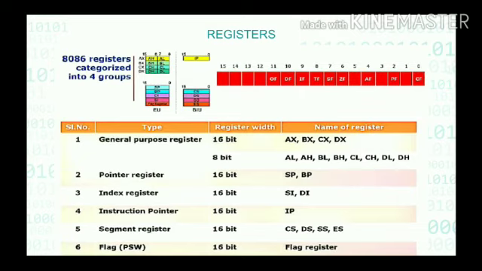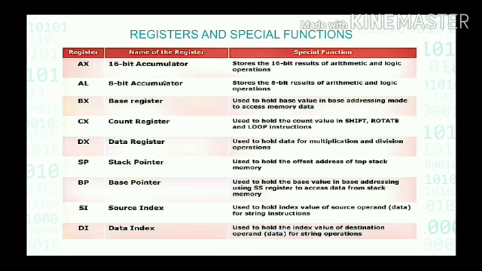Here I have mentioned some of the special functions of registers. Register AX is a 16-bit accumulator. It stores the 16-bit results of arithmetic and logic operations. AL is an 8-bit accumulator. It stores the 8-bit results of arithmetic and logic operations.